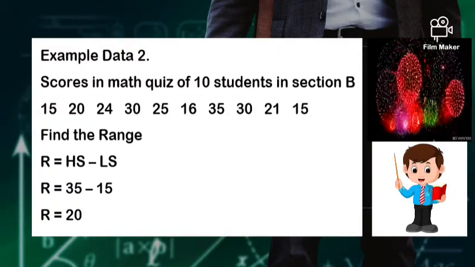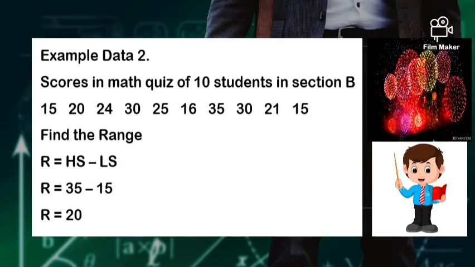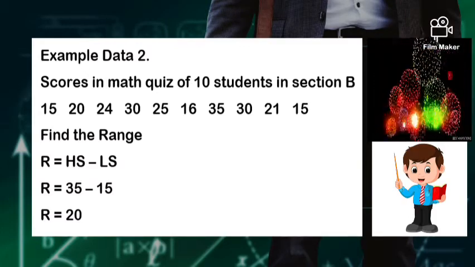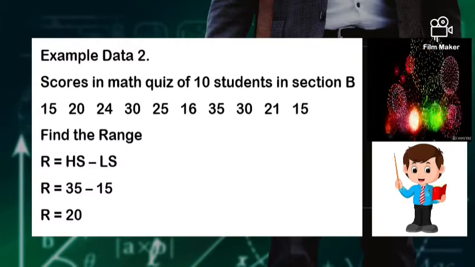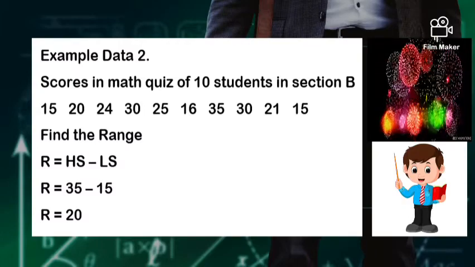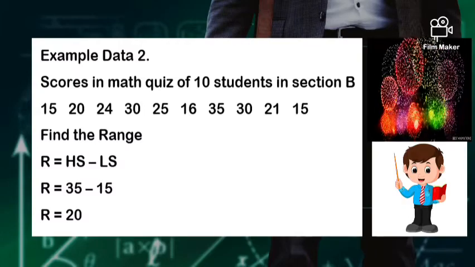For example, you were given just the range and you don't see the scores, and you were told that the range is just a small value.